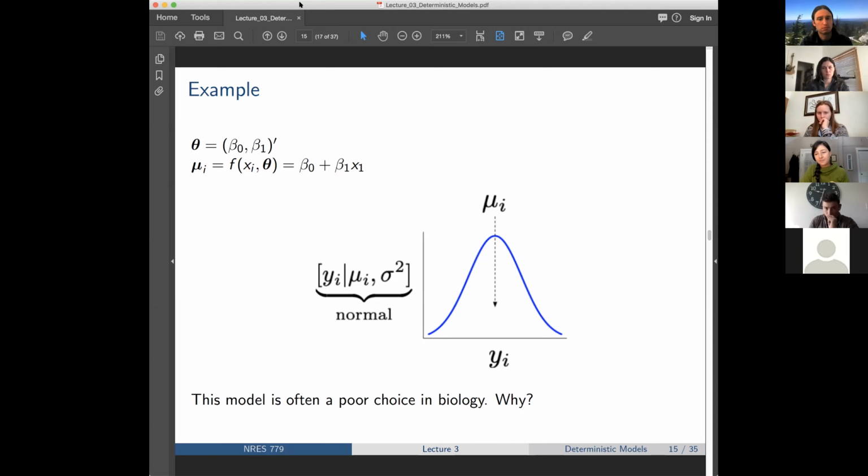Yeah, that's a good answer. The data may not be normal, right?